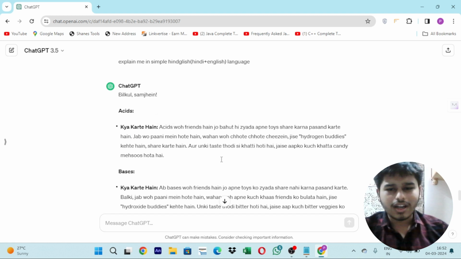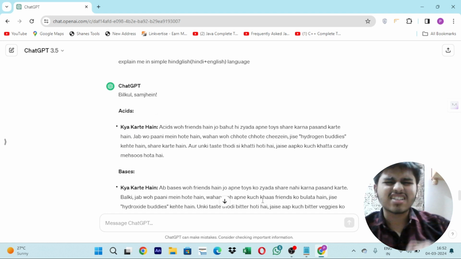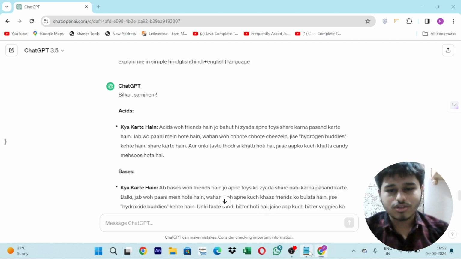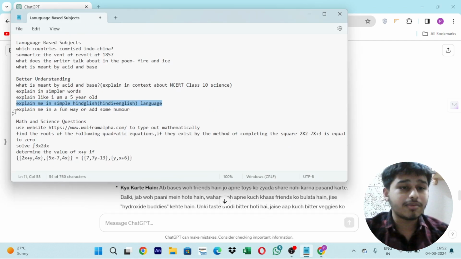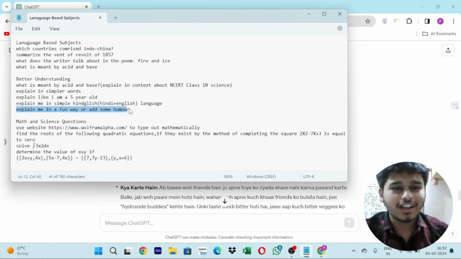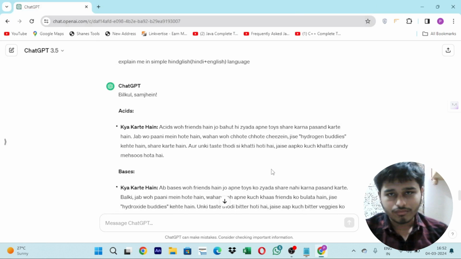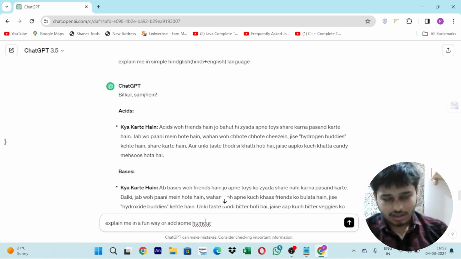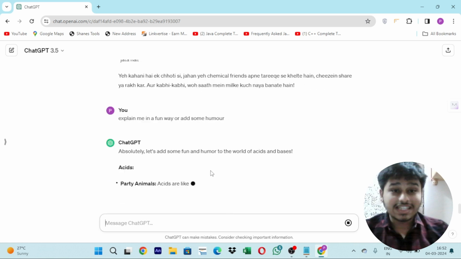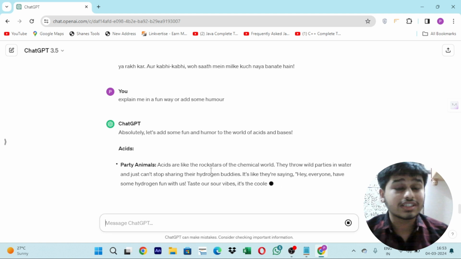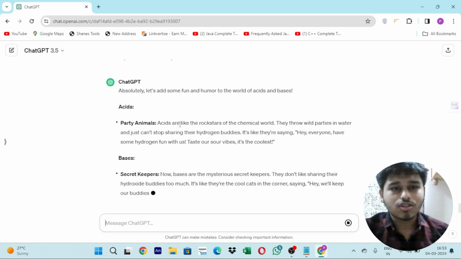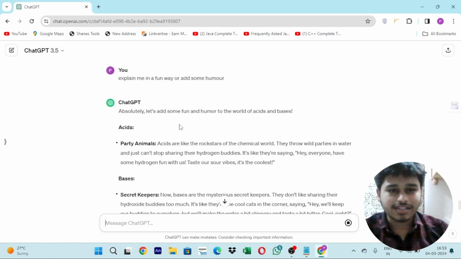Now we'll go ahead and make it even funnier and add some humor to it, right? So we'll just go here and tell ChatGPT to explain it to me in a funny way and add some humor. Okay, and I will click on enter. Now let's see how the definition looks. So what is ChatGPT saying to us? Let's read.